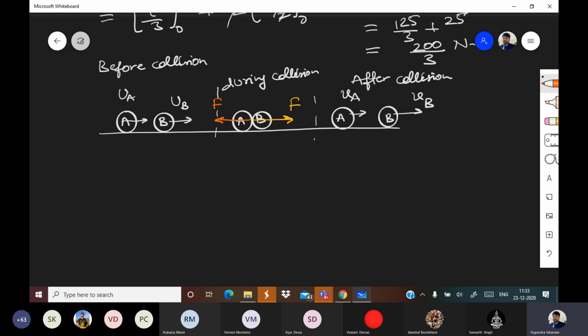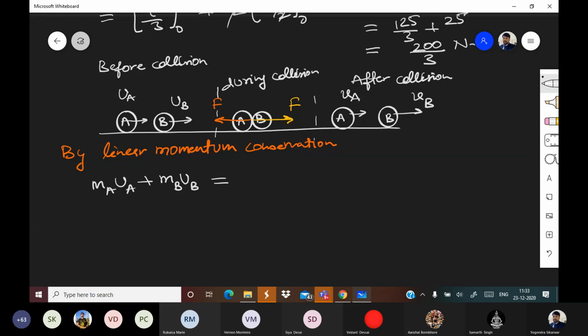So by LMC, linear momentum conservation, what we can write is MAUA plus MBUB is equal to MAVA plus MBVB.